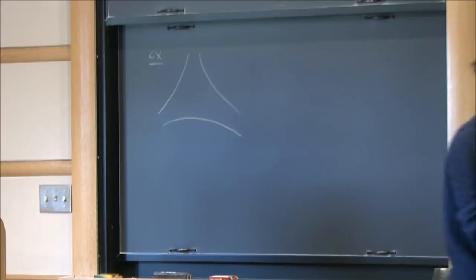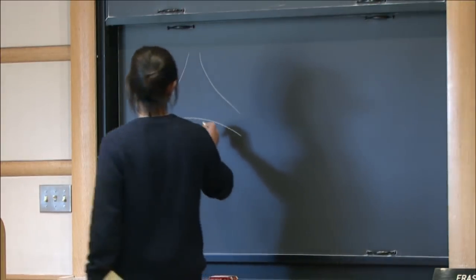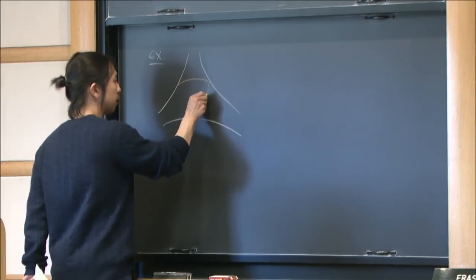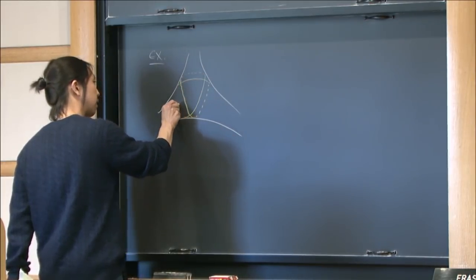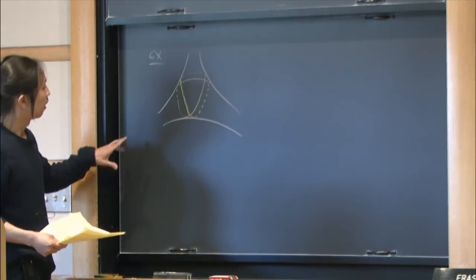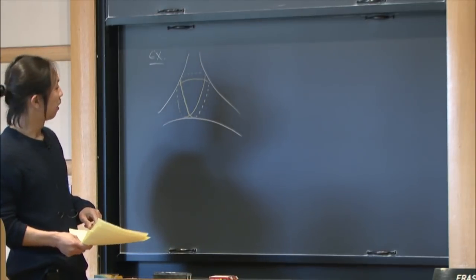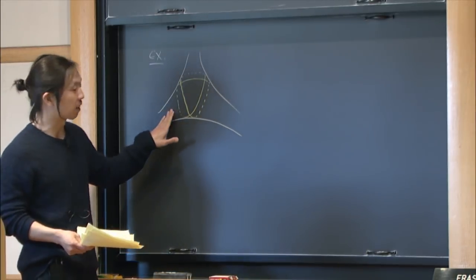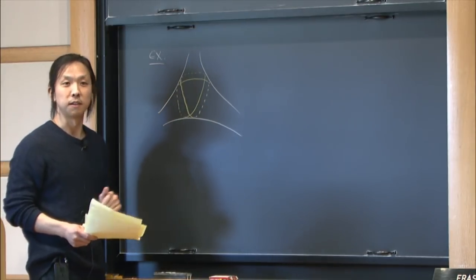Then I'll take my Lagrangian to be a certain immersed S1 that looks like the following. This is an immersed S1 with 3 self-intersections. This was considered in Seidel's genus 2 paper, and we also studied this Lagrangian to prove homological mirror symmetry for the compactification of the pair of pants.